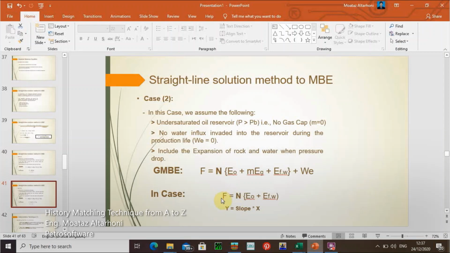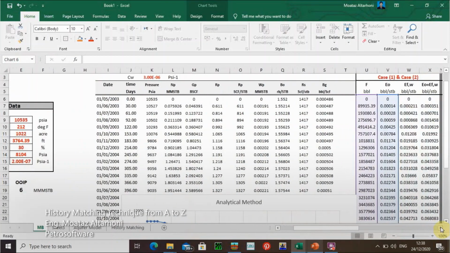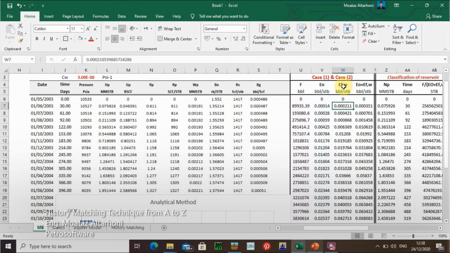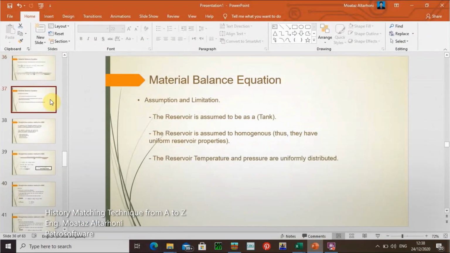Then the total production from our field, so this together will be the x-axis and on the y-axis will be F. Again, I will use this plot to calculate the original oil in place, then I will compare that with my first case. So case 2, here I assume expansion of water and rock. I used this equation, you can review it.